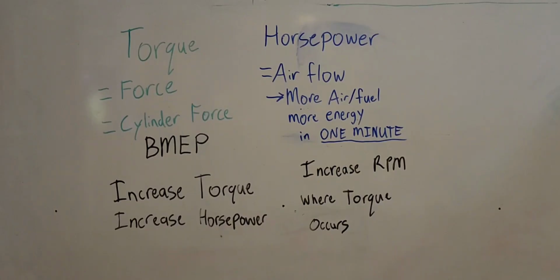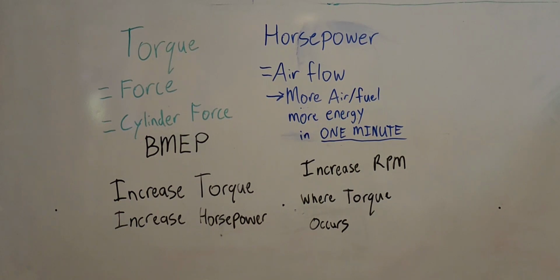So, just a quick summary on this. Torque, which is a force, is related to cylinder pressure, which is cylinder force, which comes under our brake mean effective pressure, BMEP. And then on the other side is horsepower, which equals airflow.